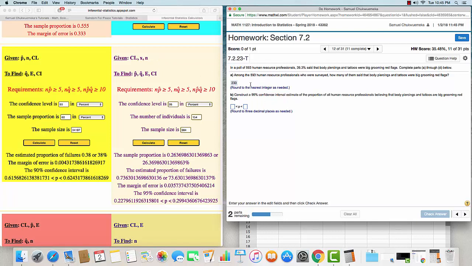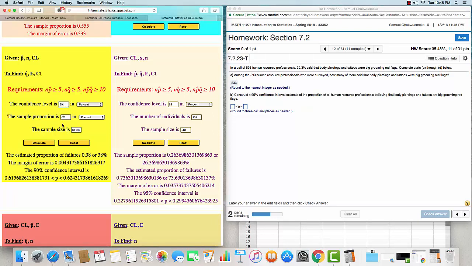So they gave us the sample proportion, the sample size, and the confidence level. So I'm gonna use this. This is 99 here. Sample proportion is 39.3, and it's in percent. The sample size is 593.